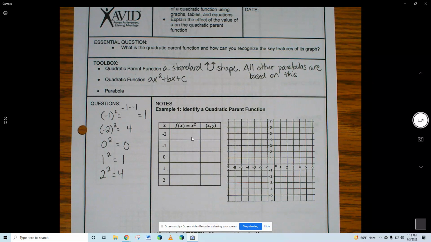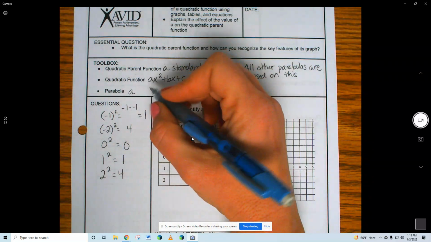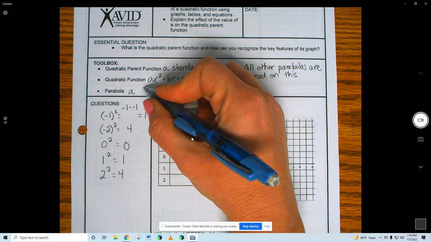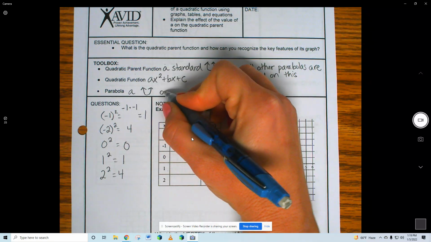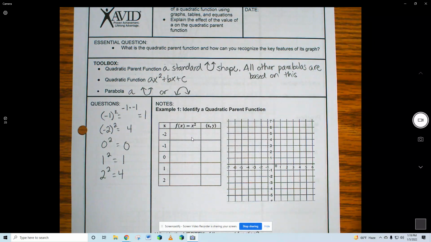And then the actual definition, the word parabola, is an upward U, or it could be a downward-facing U-shaped graph.